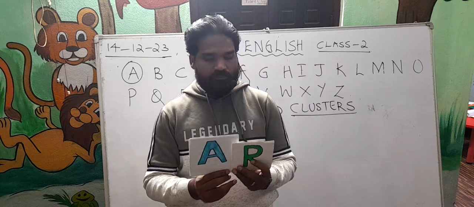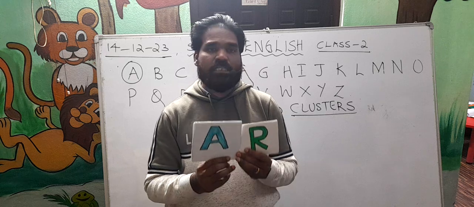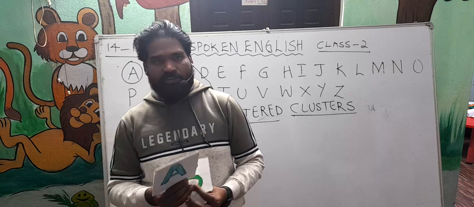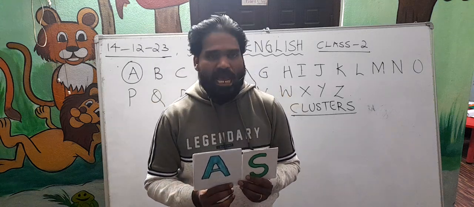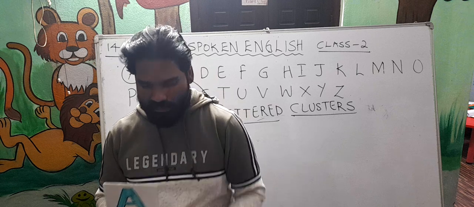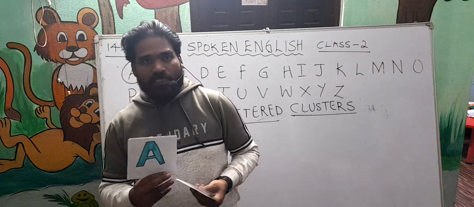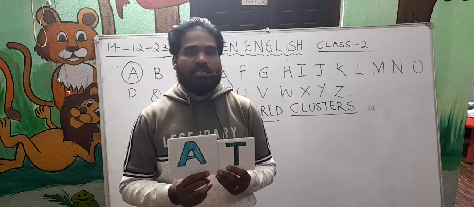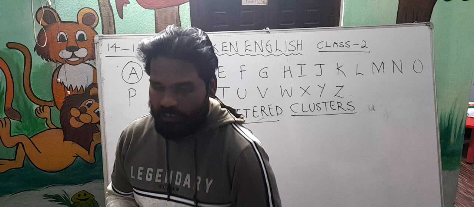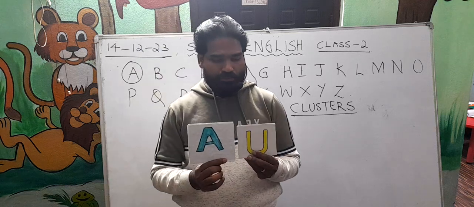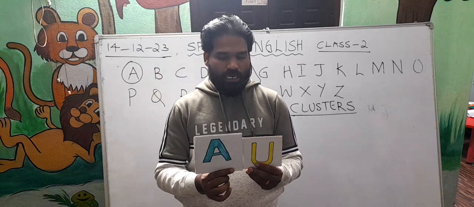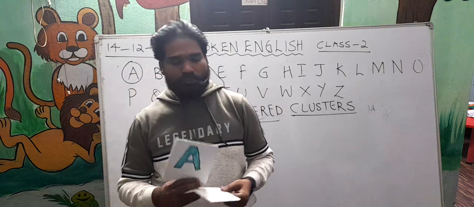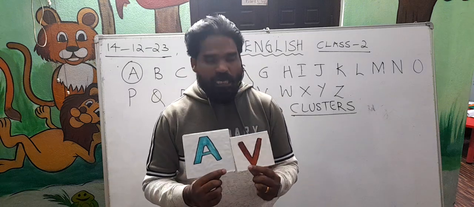Now we have R beside A, it's er, and then we have S, as. Next is T right after S. It is nothing but at. After T, the next letter you know it's U, au, aw. Moving after U, we have the next one to read, that is V, ave.